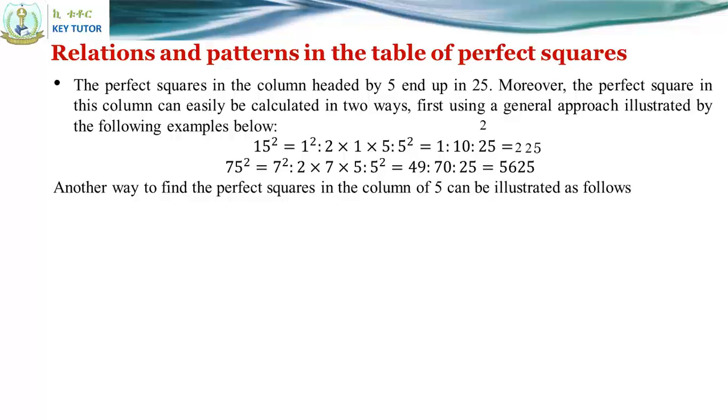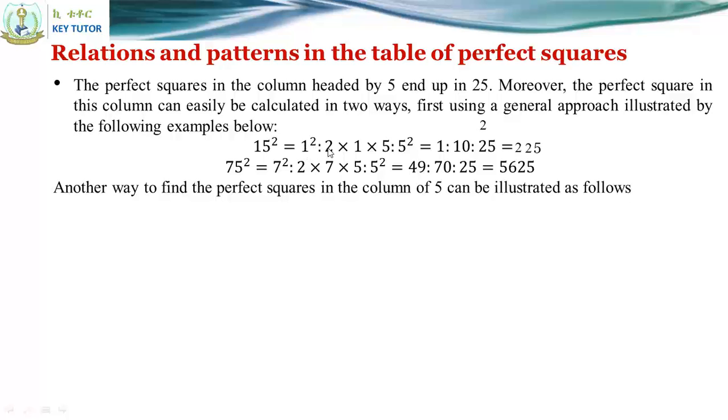Follow me on how we are going to calculate 15 square. If you memorize it, that's nice, but without memorizing, there is a way of calculating 15 square as follows. First, you take the tens digit square, which is 1 square. Okay, 1 square here.